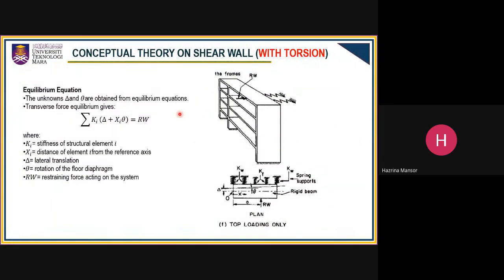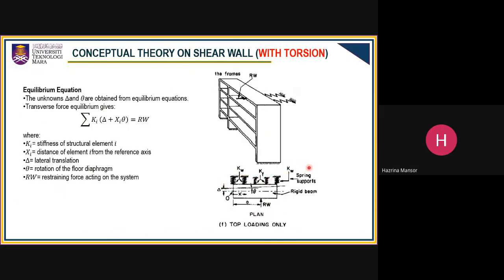So in terms of the equilibrium equations, we can see that the unknowns, delta and rotation, are obtained from the equilibrium equations. Because when we analyze the torsion, we need to determine the rotation and displacement. In the transverse force equilibrium equation, the total forces generated by the stiffness, whereby you have KW, KF, and KW, are in the opposite direction to the RW.